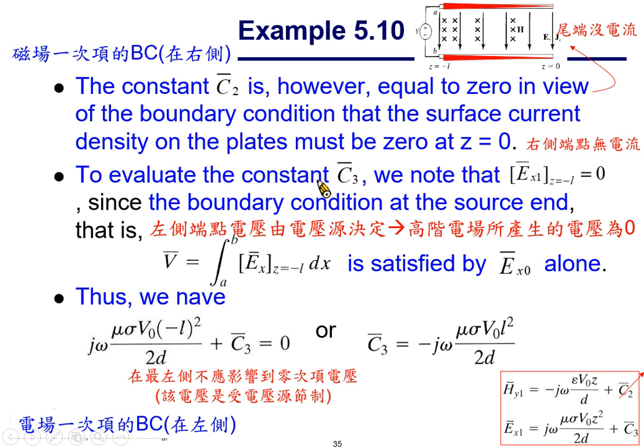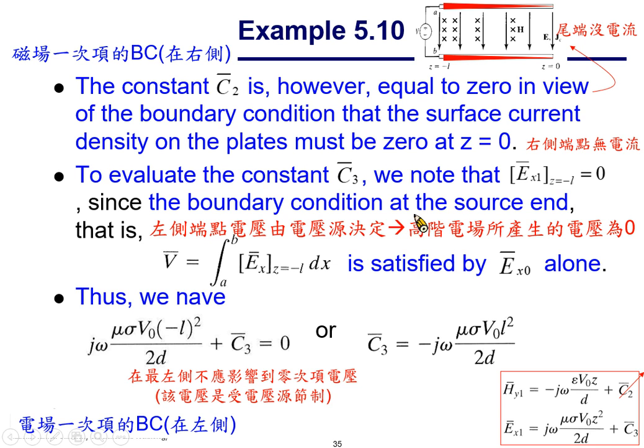So substituting this boundary condition, we can find out C3 like this. Well, it looks a little bit complicated, but it's still manageable, right? You can still find the expression for C3, even though it looks a little bit scary. It equals minus j omega mu times sigma V sub 0 L squared divided by 2d. As you can see, as we go from lower order terms to higher order terms, the expression becomes more and more complicated.